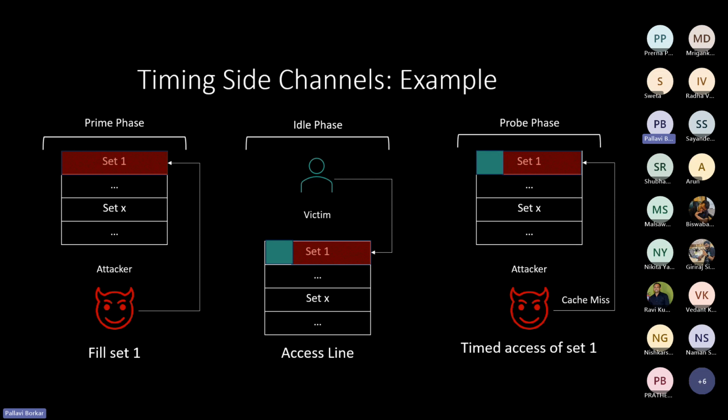And when in the probe phase, the attacker tries a timed access of the attacker's memory from the set 1, the attacker will observe a higher execution time and will infer that it has been a cache miss. On the other hand, if the line accessed by the victim does not lie in set 1, the attacker observes a lower execution time and hence the attacker infers a cache hit.